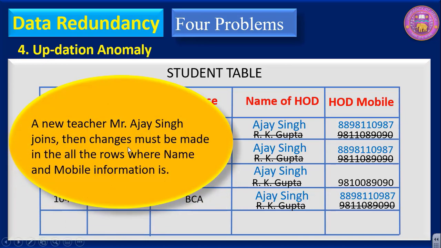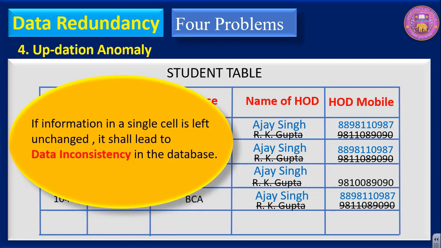A new teacher, Mr. Ajay Singh, joins, then changes must be made in all the rows where name and mobile information is. If a change is not made in one particular row or column, then it leads to updation anomaly. If information in a single cell is left unchanged, it shall lead to data inconsistency in the database, and this is termed as updation anomaly.